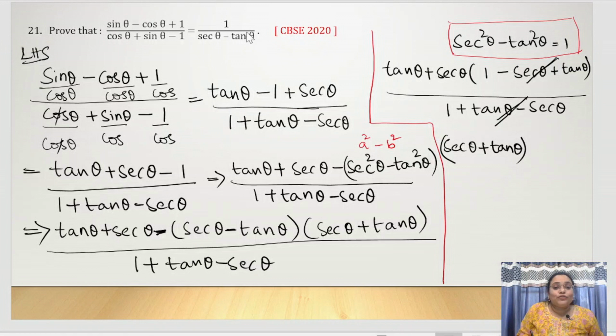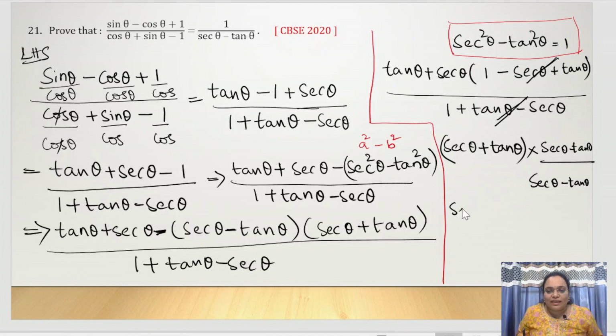Right. But we need to prove 1 by secant theta minus tan theta. Yes. So for that, we will multiply with secant theta minus tan theta in the numerator and in the denominator. Okay.